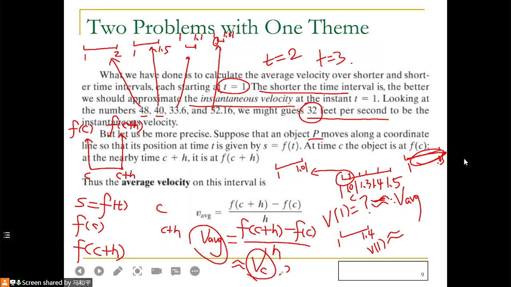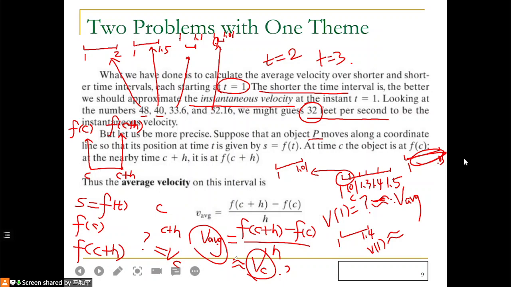This is just an approximation of V of c. A guess is not the accurate number, but I want to find the one that is equal to V of c.